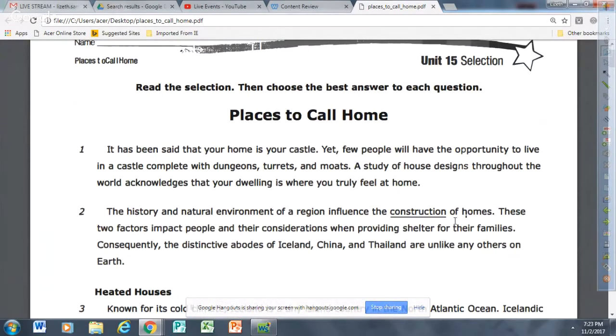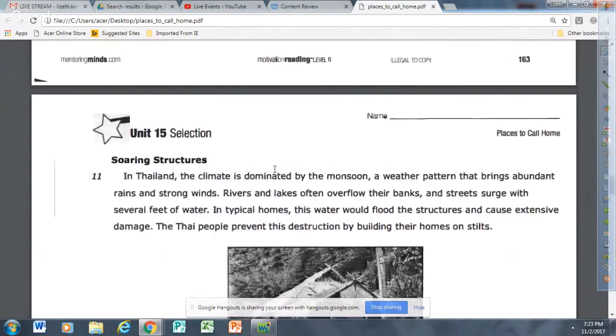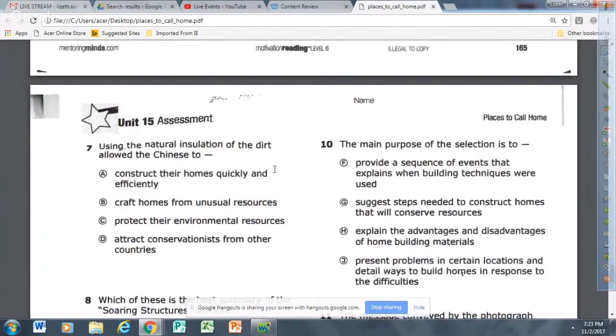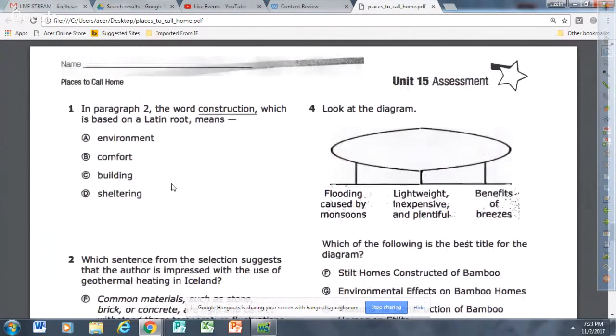So the history and the environment influences the environment and the comfort. Nobody's saying A or B, but we have a couple saying C or D. The history and the environment influences the building of homes or influences the sheltering of homes.